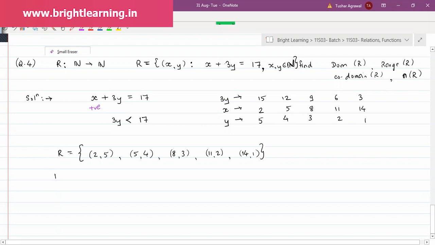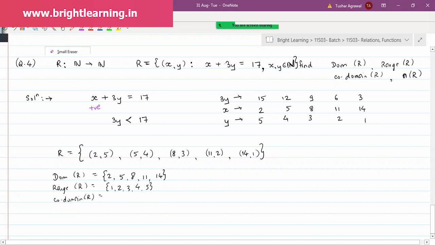So domain of R is equal to 2, 5, 8, 11, and 14. Range of R is equal to 1, 2, 3, 4, 5, and codomain of R is the set of natural numbers only, the second set.